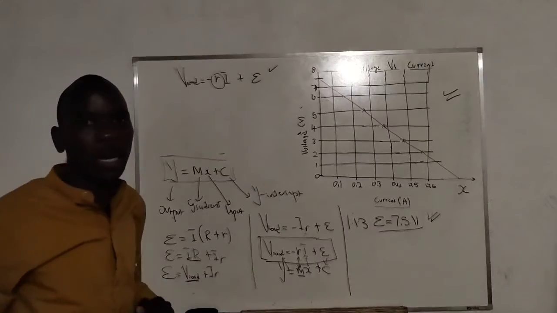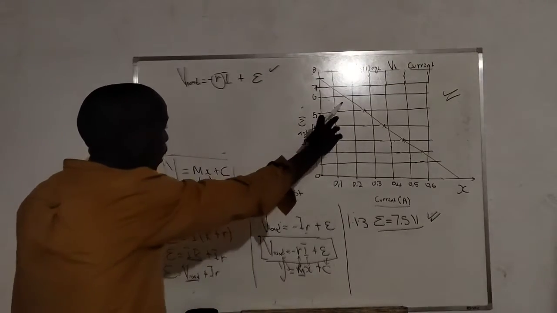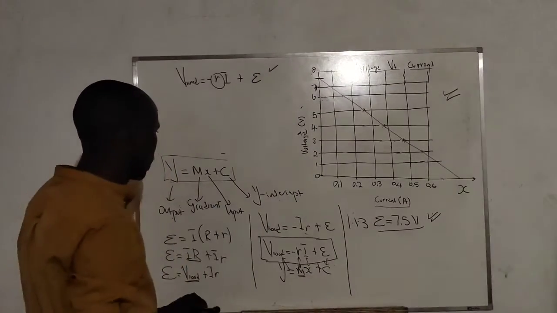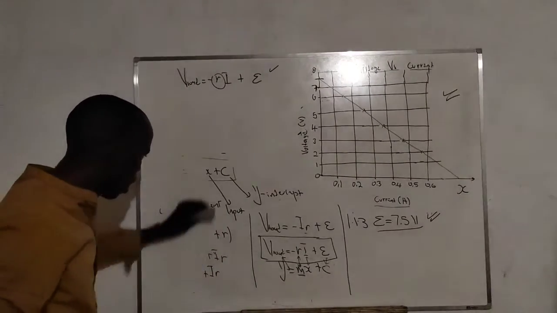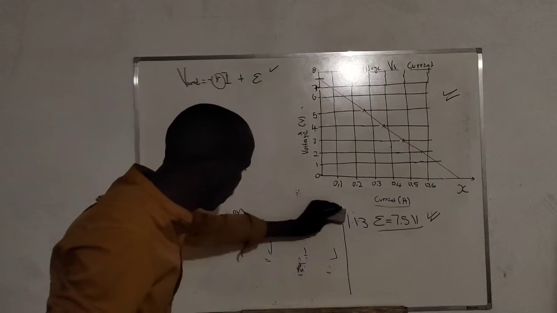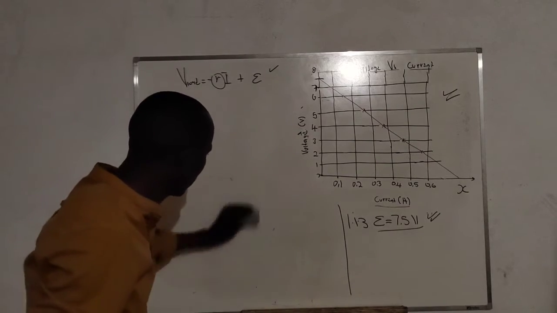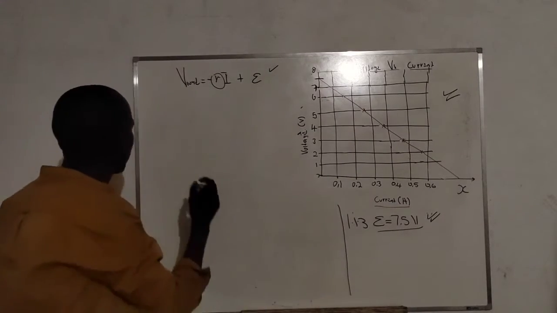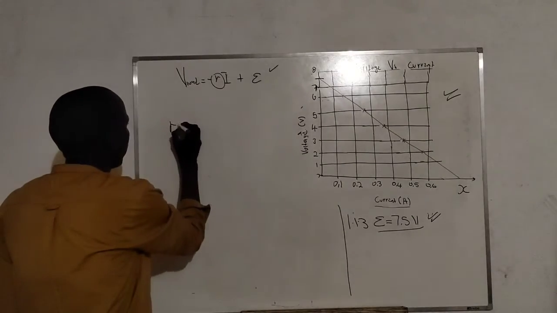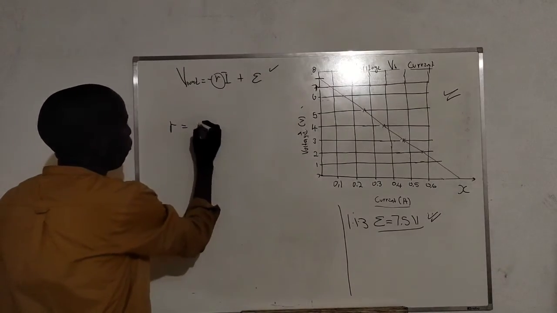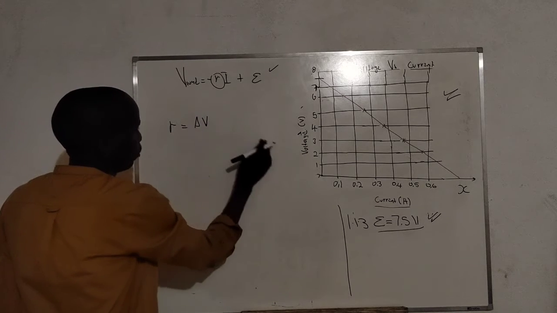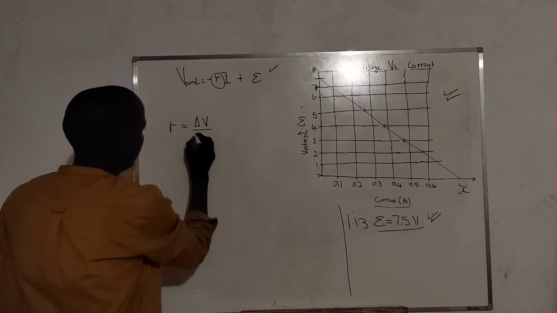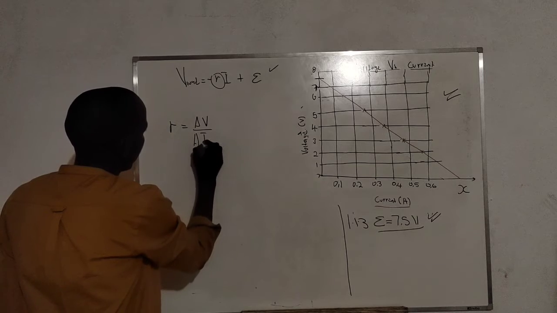The gradient of my graph corresponds to what? To the internal resistance, small letter r. Let me quickly find the gradient of the graph. I'm going to choose coordinates. As you can see, the gradient of the graph is given by the change in voltage over the change in current.